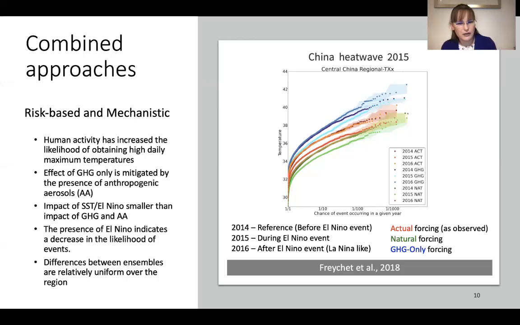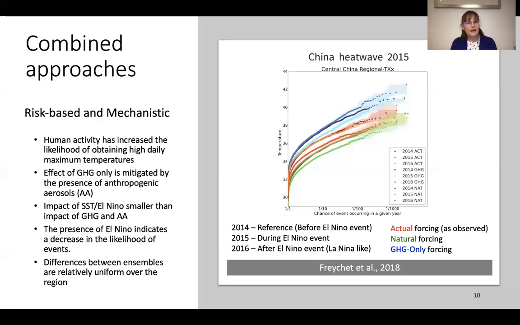However, what we also did was separate for the particular sea surface conditions for different years. So we used 2014 conditions, which was before the El Nino event in 2015 occurred, during the El Nino event in 2015, and after the El Nino event.